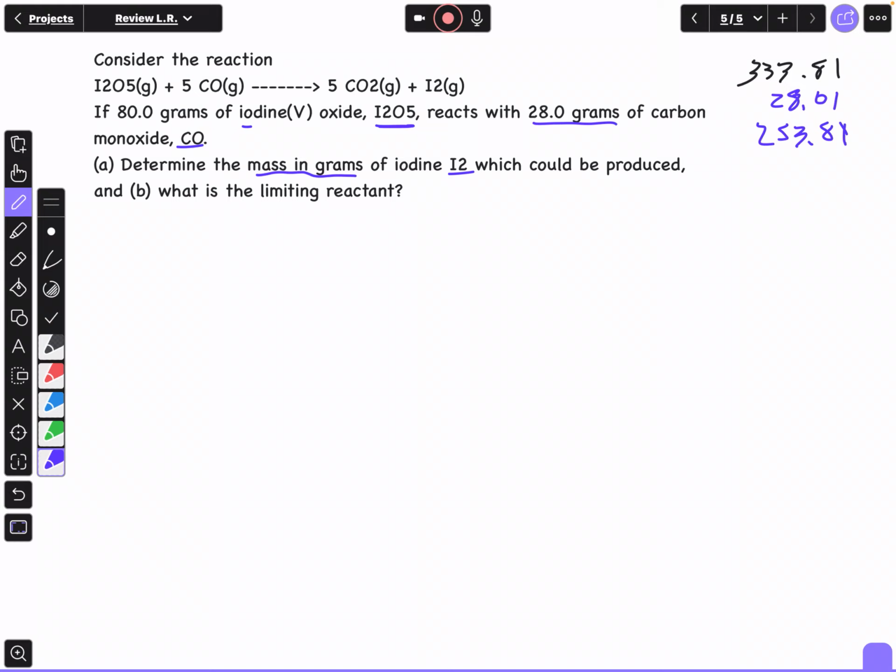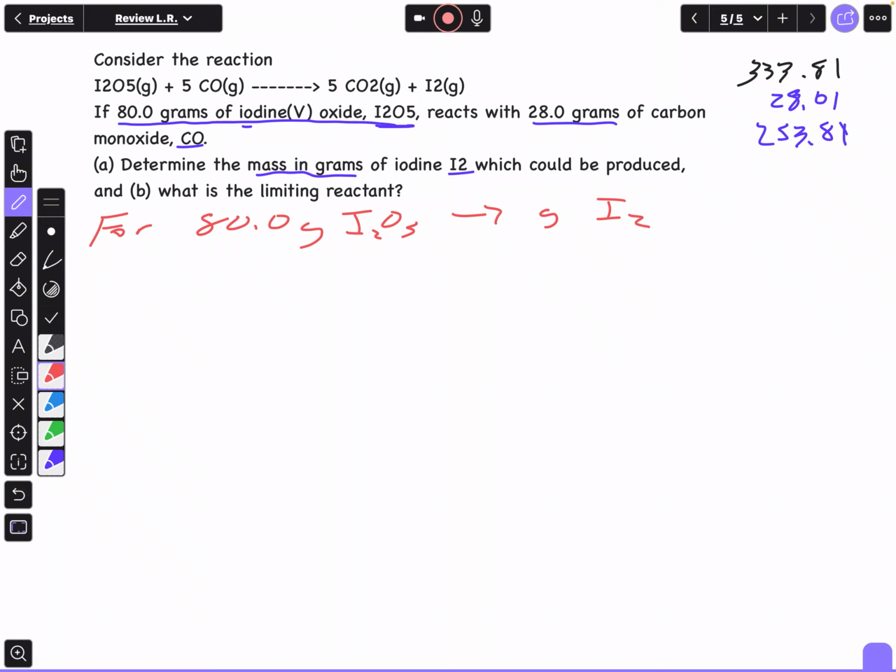All right, so what I do is I'm going to work the problem first for 80 grams of I2O5. And I'm going to do the 3-step stoichiometry problem, and I want to go to grams of I2 that's produced.